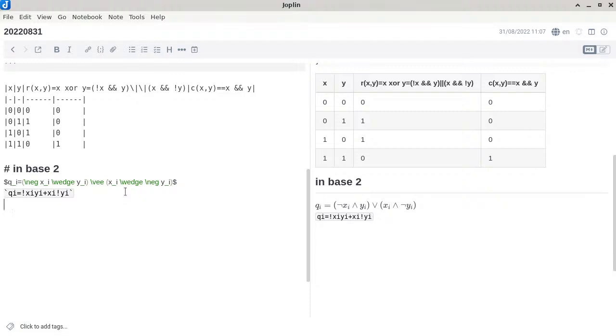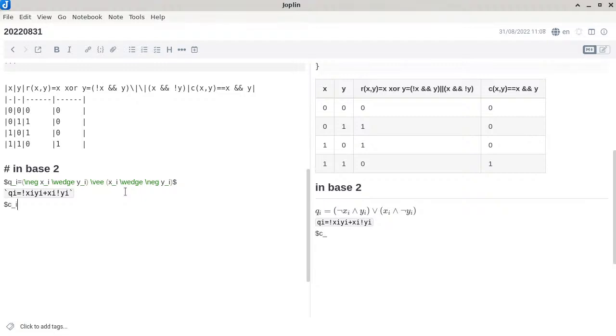All right, so that's one. The other one is even easier. Okay, C of i is really just the AND between Xi, Yi. So K of i plus 1, there we go, is X of i and Y of i, or Q of i and K of i.